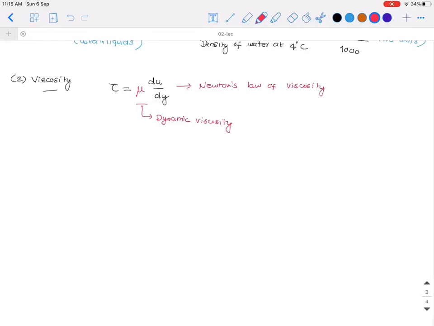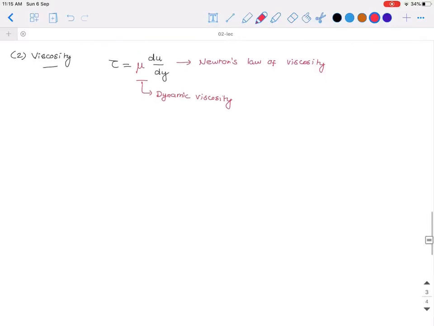Okay, so what does this mu, or dynamic viscosity, physically imply? Okay, in order to see that, again let us consider this simple example, where we have fluid between two plates. The bottom plate is stationary, and at the top we apply a constant shear stress.